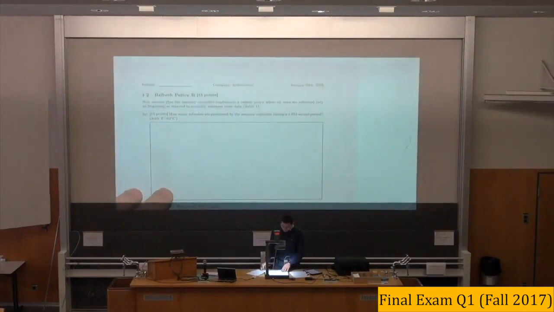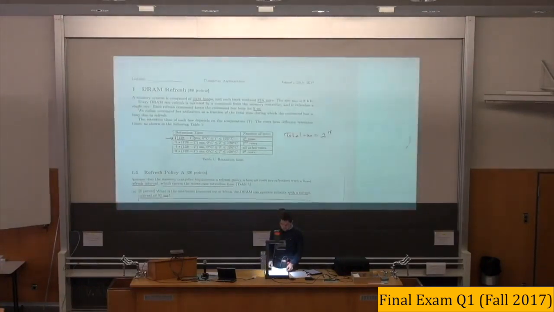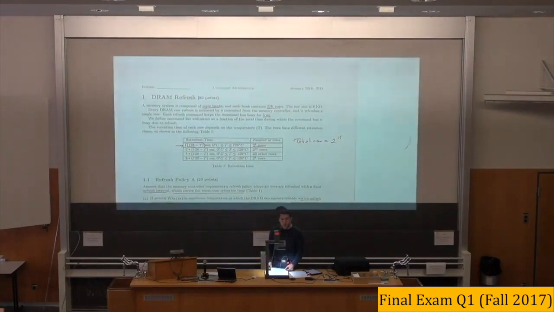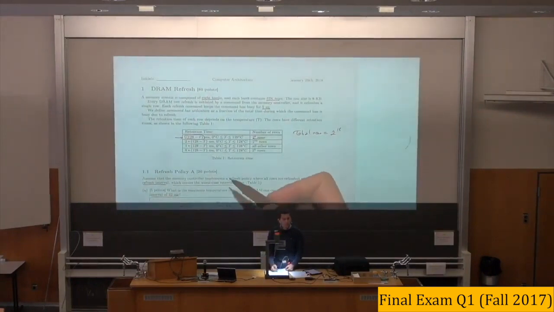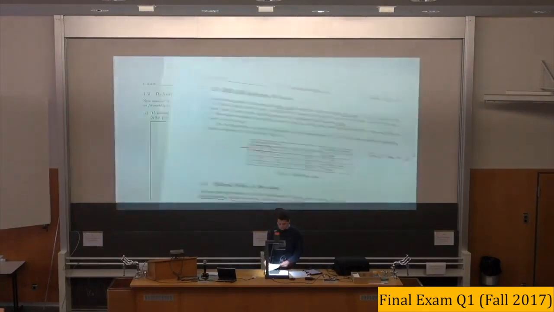So for the second policy, it says that the memory controller refreshes the rows when it is needed. Basically, what does it mean? Given a temperature, if you need to refresh a row based on this table, the memory controller basically refreshes it.